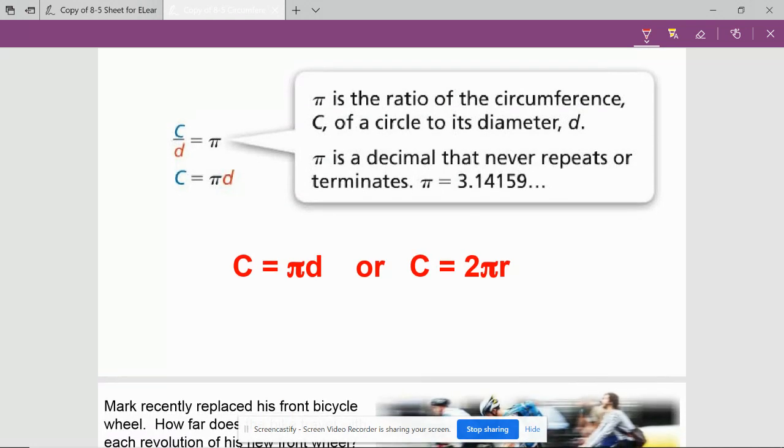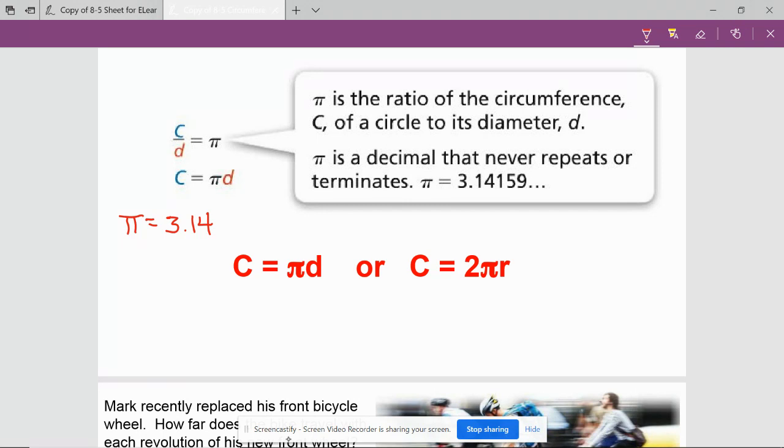So that gives us 2 different formulas to work from. The first one is if we know the diameter. Circumference equals pi, and for pi we're always going to use 3.14. We're not going to use the big long number for pi because it just continues and continues and gives us a really big number. So we're just going to use 3.14.